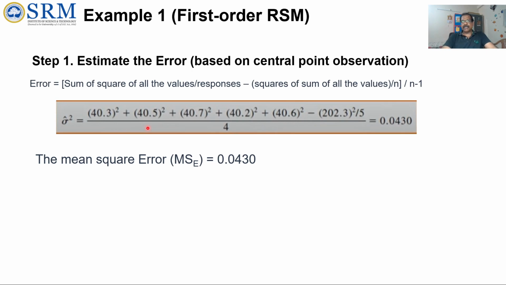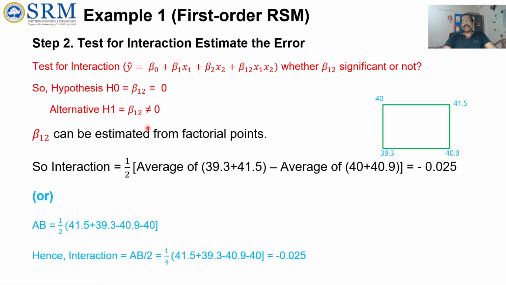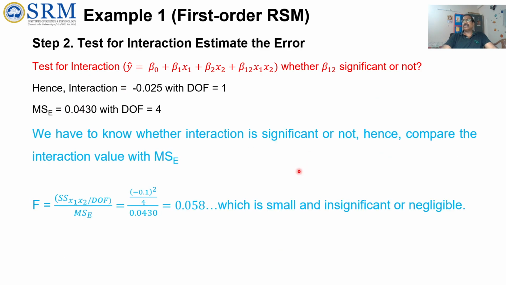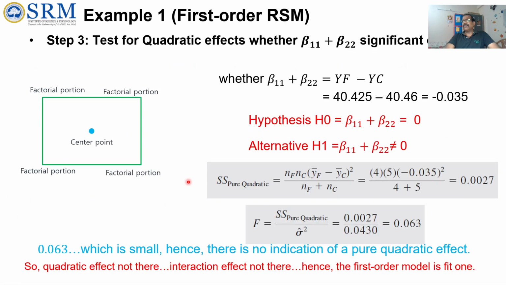The first step is that procedure. In the second step, the interaction effect can be calculated using only this corner and this corner values. Once that value is there, with the degrees of freedom, we can get the f value. Then for the pure quadratic effect, f equals pure quadratic effect divided by sums of squares of error, which was calculated in the first step.